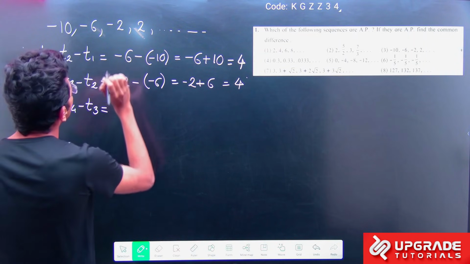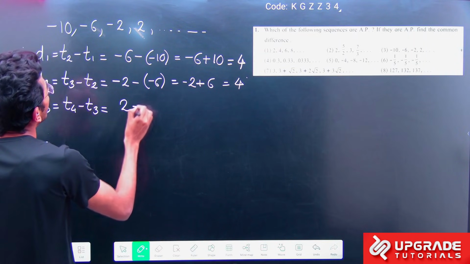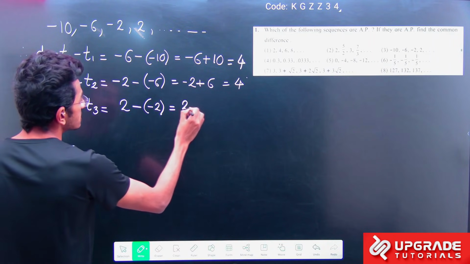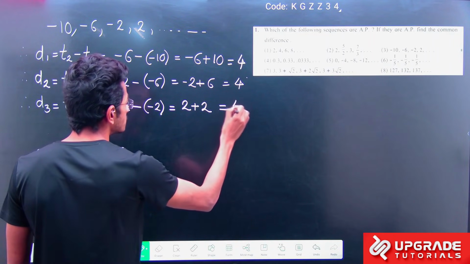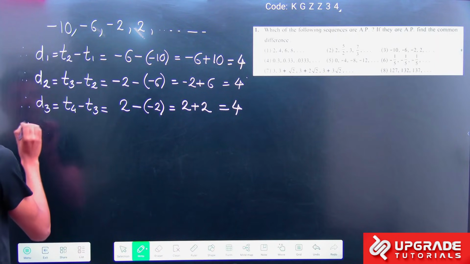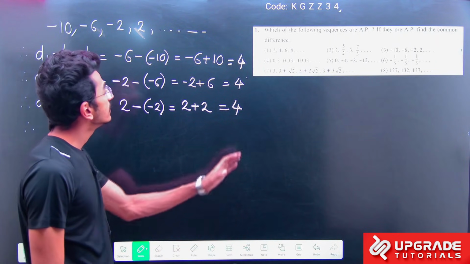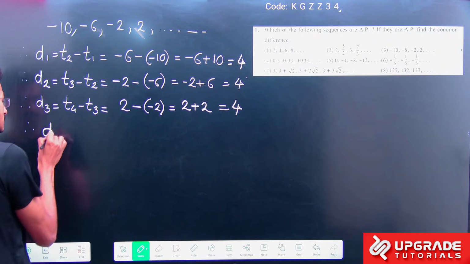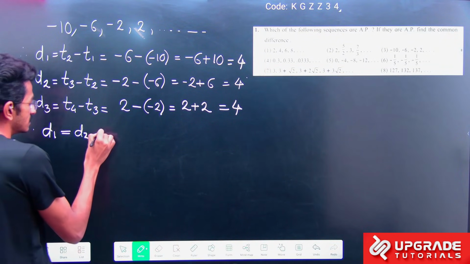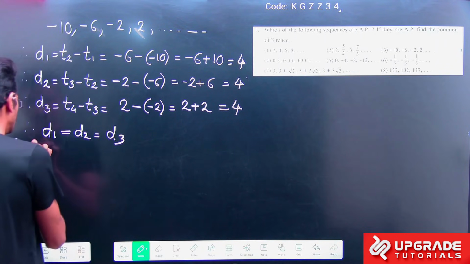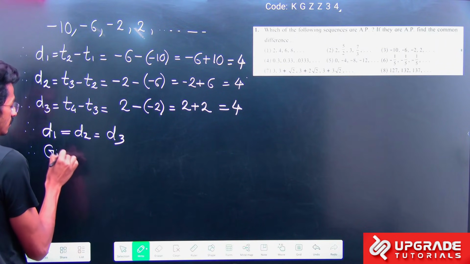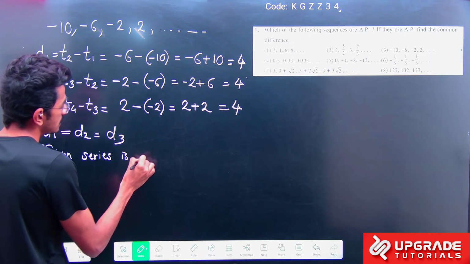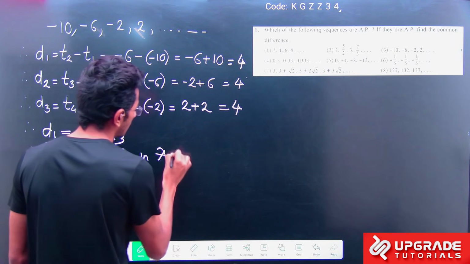What is the fourth term? 2 minus of the third term, which is minus 2. Minus minus becomes plus 2, plus 2 becomes 4. Therefore, see, here all common differences are the same. Therefore, D1 is equal to D2 is equal to D3. Therefore, the given series or sequence is in AP.